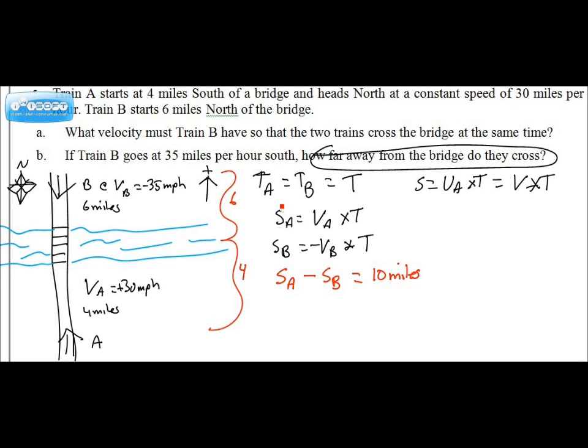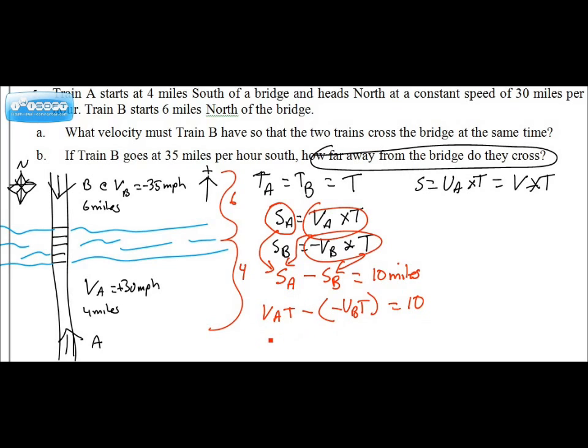What we're going to do is substitute this SA into here, and this into here. What's that going to give me? VA T minus VB T equals 10. Simple math.